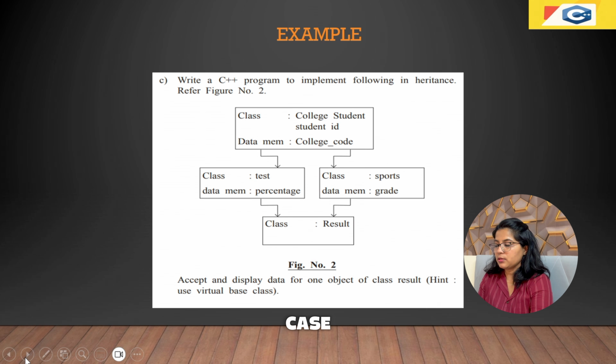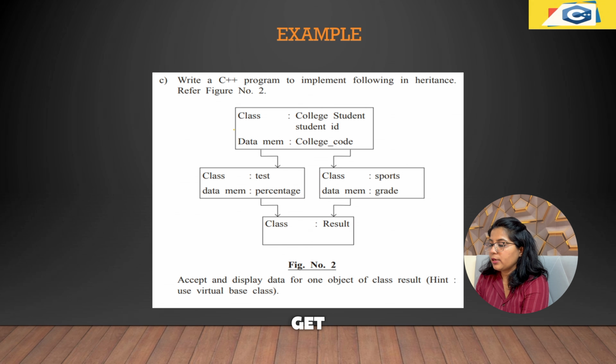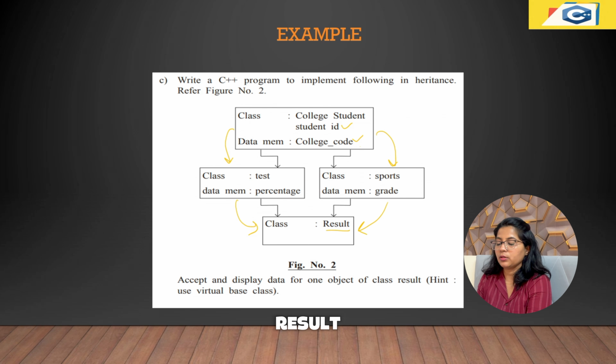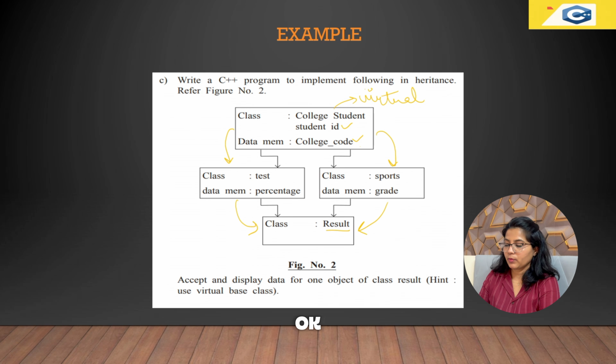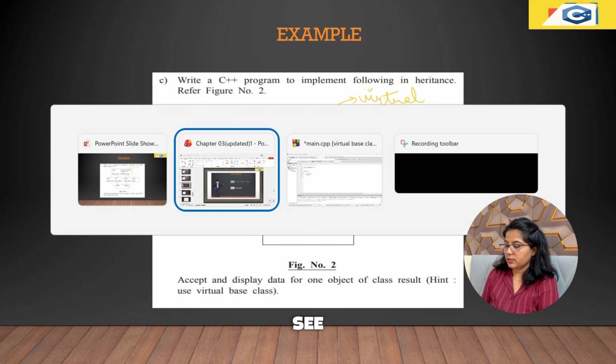So in this case I will get a duplicate set of this data via test class into result class. I can get a duplicate set of this data via sports class to result. So in this scenario we will declare this student class as virtual. Okay, we will just execute this and we'll see the result.